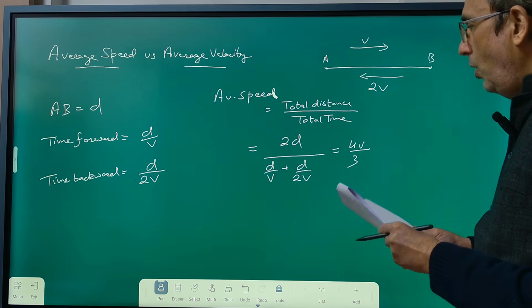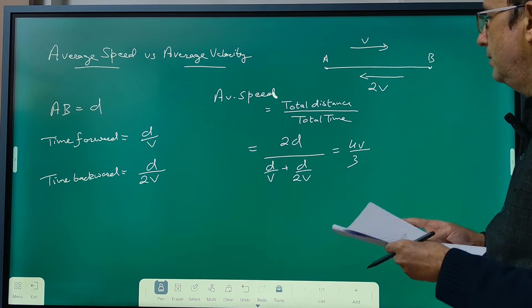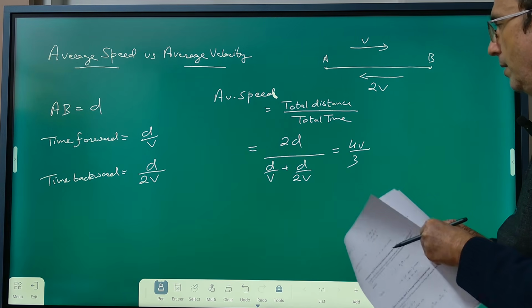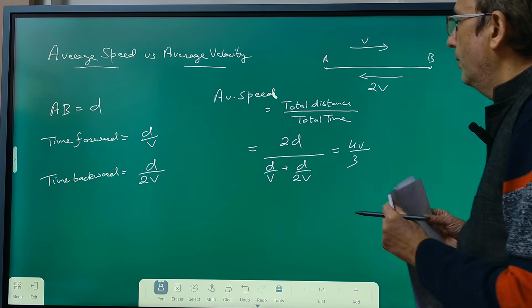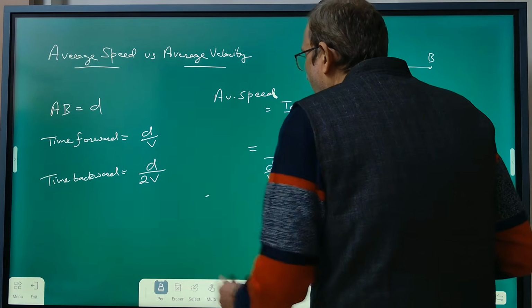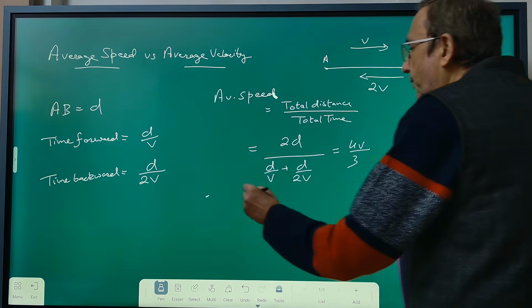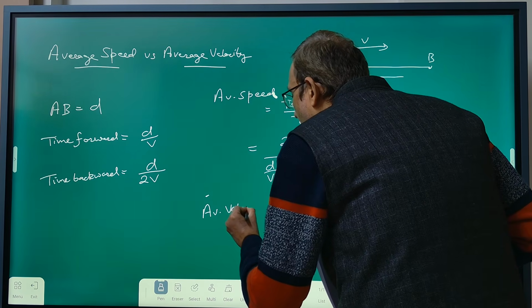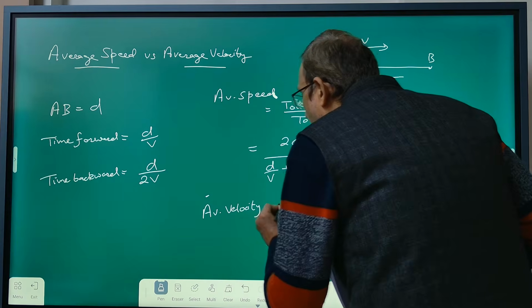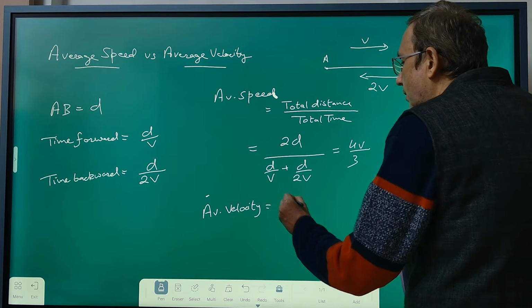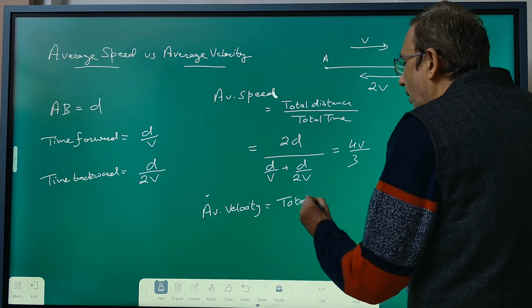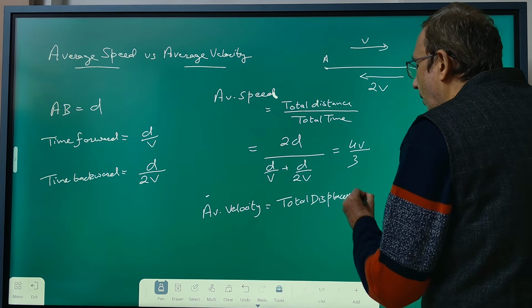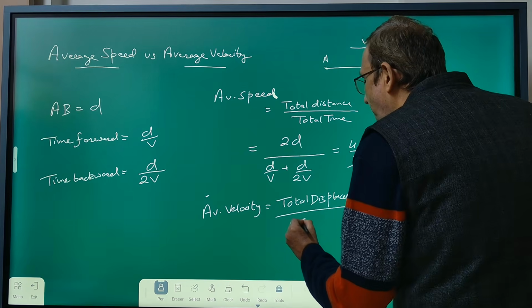And what about the average velocity? The average velocity is the total displacement divided by total time.